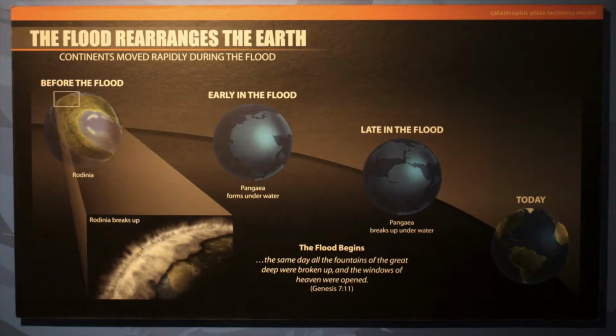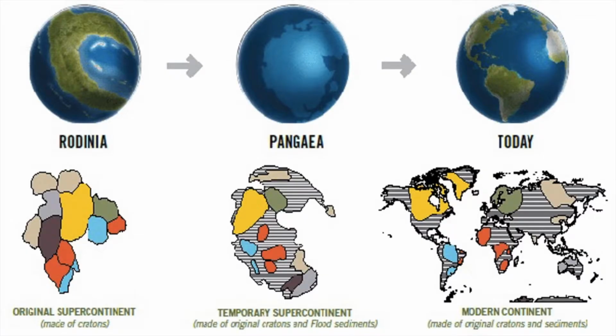And this is how we have our modern world today. There are various videos, as I showed before, that can cover how this would have happened from a young earth perspective. I have a playlist called Young Earth Creationism that you can check out. But basically, the tectonic plates would have broke apart under the waters during the flood, creating the modern continents of today.